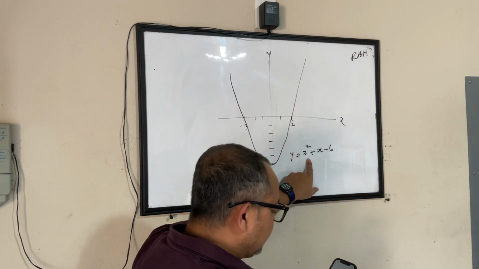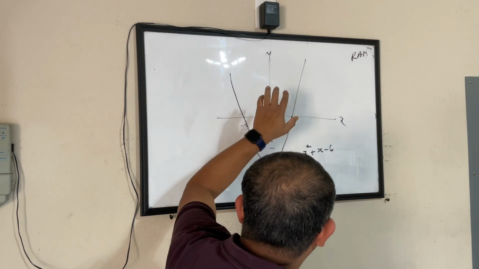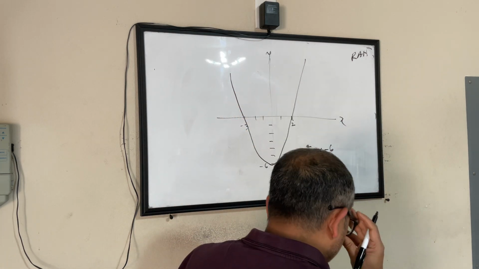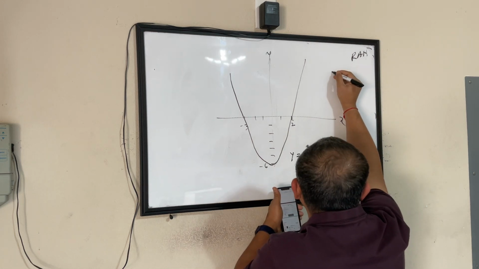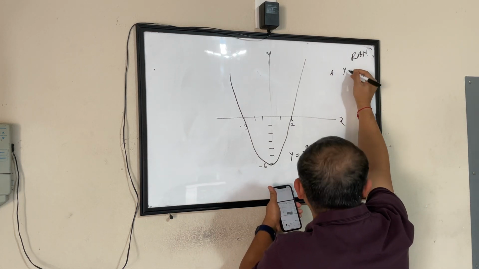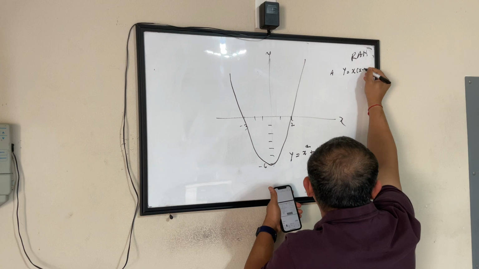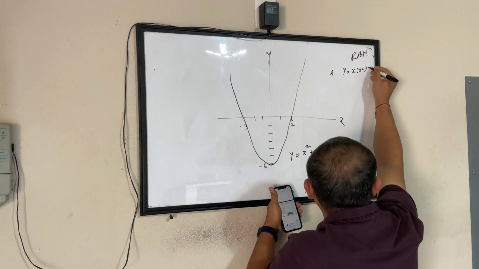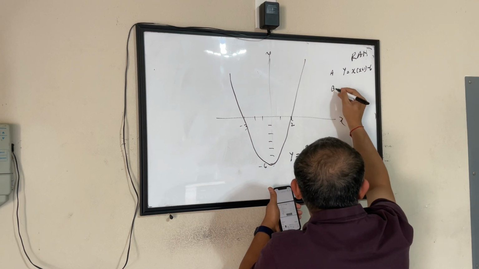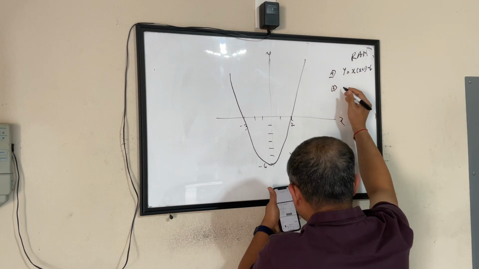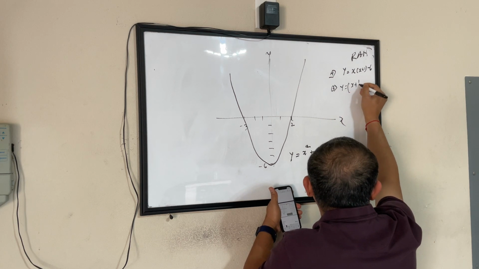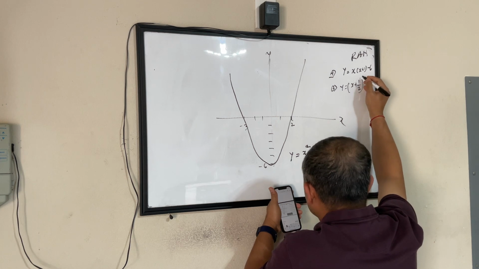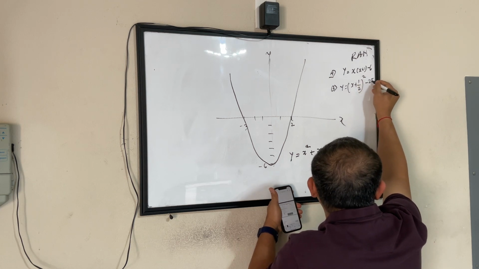We have been asked to find out that there are few options given to us. Let me write it down. First one is y equal to x into x plus 1 minus 6. B says y equal to x plus 1 by 2 squared minus 25 by 4.